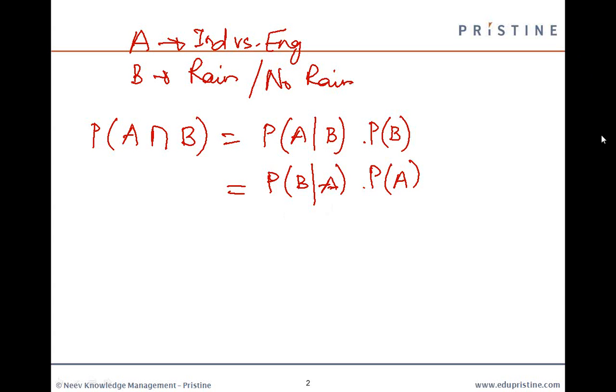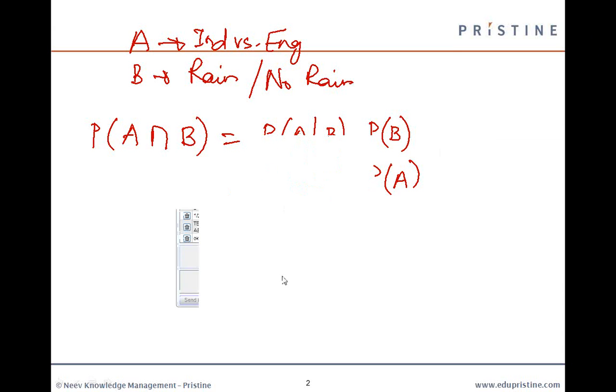Are you guys able to follow this? So joint probability involves two or more random variables, whereas conditional probability is talking about a single random variable but from the perspective of a condition. Any questions?